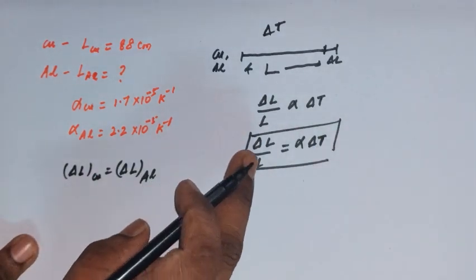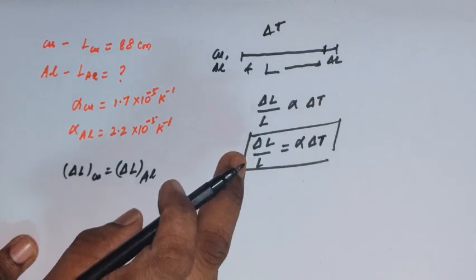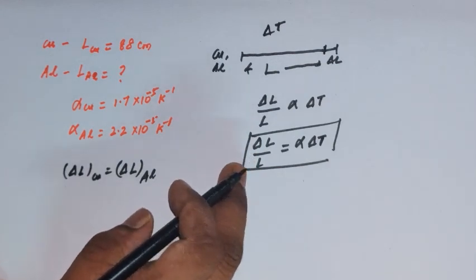Now we need to write the equation for the copper rod as well as the aluminum rod.